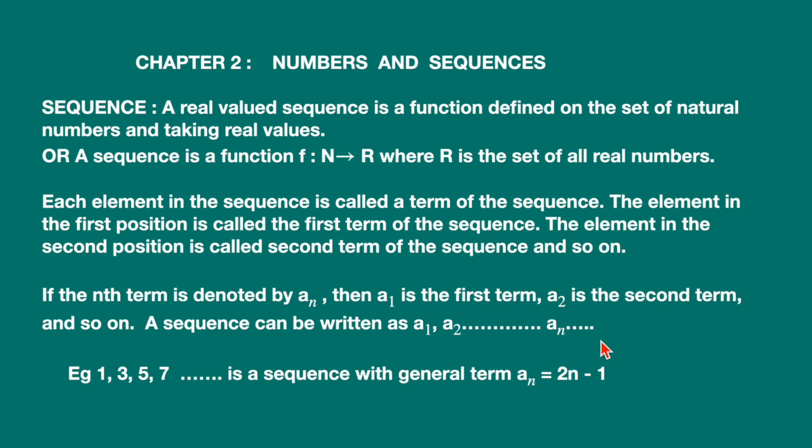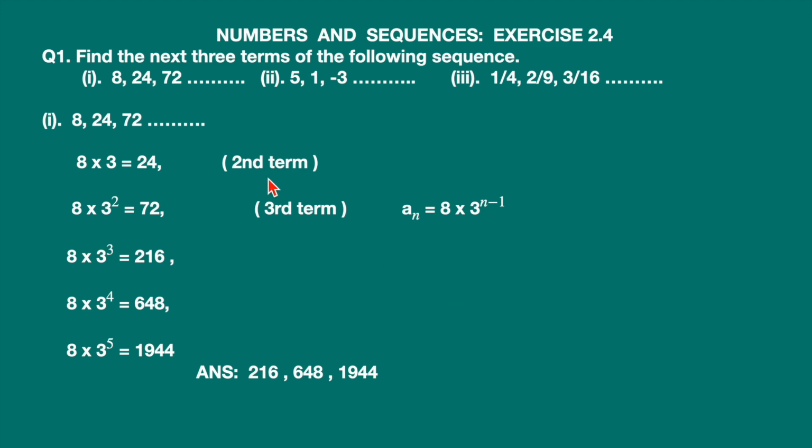Okay. Let us do some examples. It will be very clear. Find the next three terms of the following sequence. So let us take the first sequence: 8, 24, 72, dot, dot. They have given the first three terms. They're asking us to find the remaining terms. Let us now look at these first three terms.